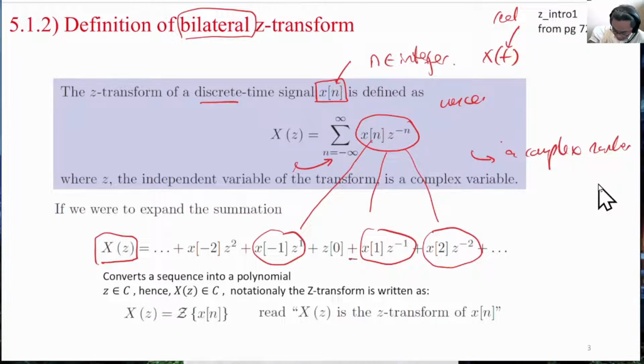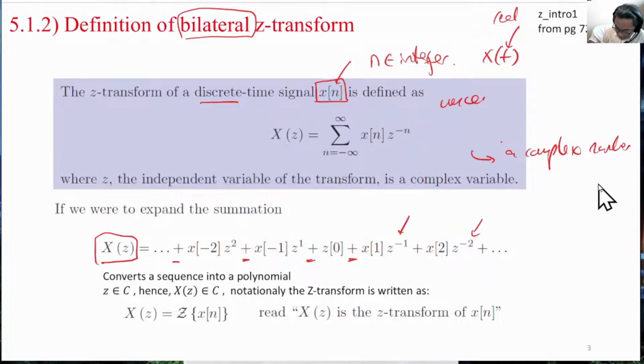What have we just done? We have taken a sequence and started to add them up. This is a series. And not only that, we are multiplying by z. We're creating a polynomial out of it. So a Z-transform is nothing but taking a sequence of numbers and converting it into a series or a polynomial. And of course, it is infinite if the sequence is infinite.